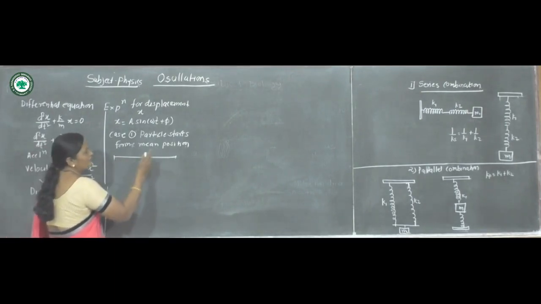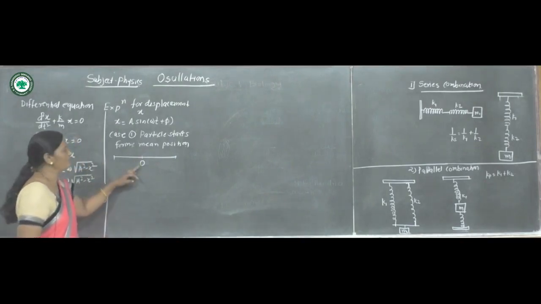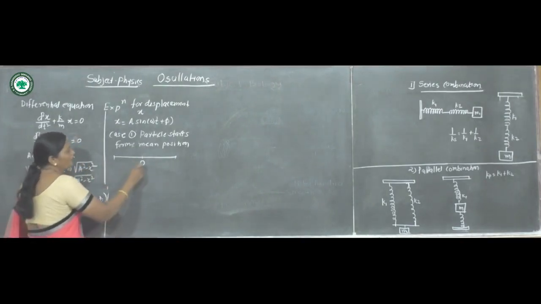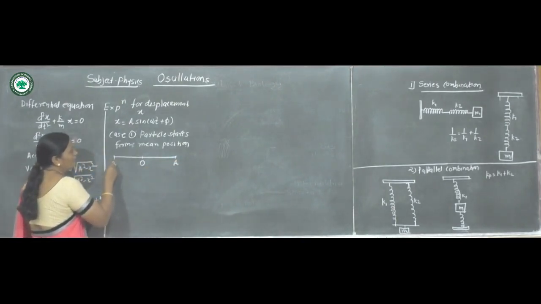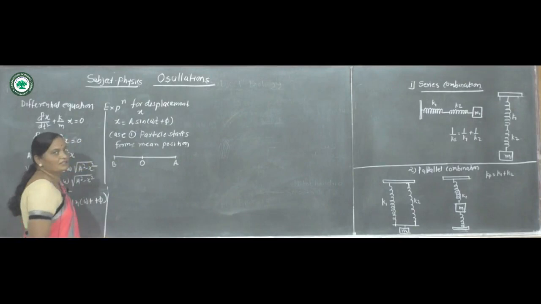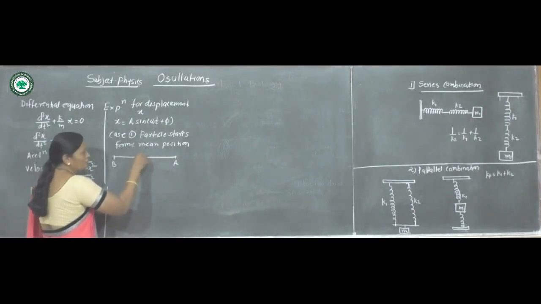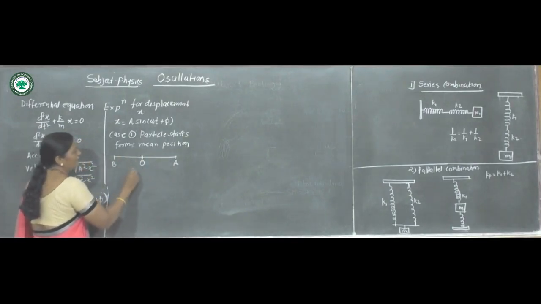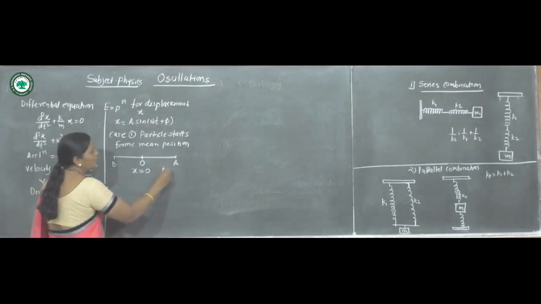This is point O, this is point A, and this is point B. The particle moves to and fro along this straight line, hence the motion is linear simple harmonic motion. Here the motion of the particle starts about the mean position, therefore we can say x is equal to 0 and t is equal to 0.